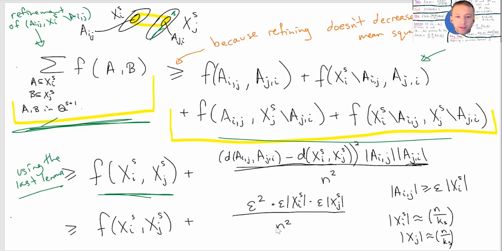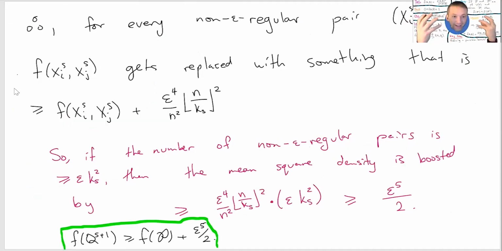So when I replace the xi and xj by this kind of Venn diagram thing, what it does to the mean square density is it replaces this term by something which is at least as big as it was before, plus this. Here I'm just taking floor for both of them because I'm doing a lower bound.